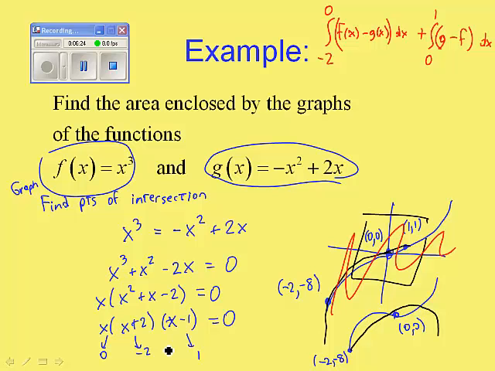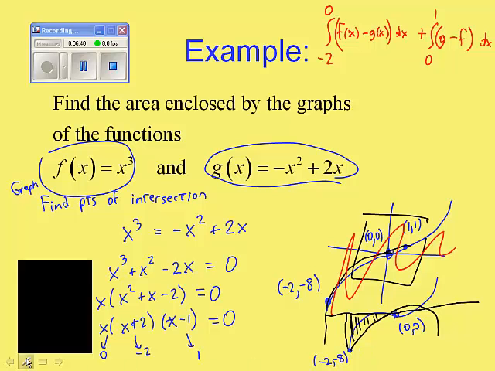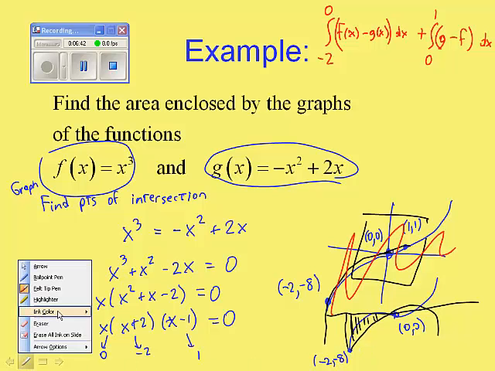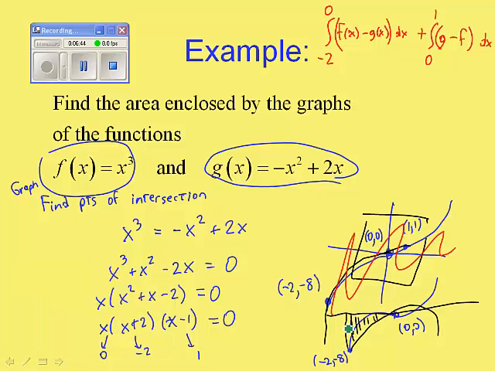Now, if you think about how would I actually find the area? Well, what you might do is you say, well, here's the x-axis. You might think, okay, I'll find this area first, the black. And then I'll subtract off this green in here.